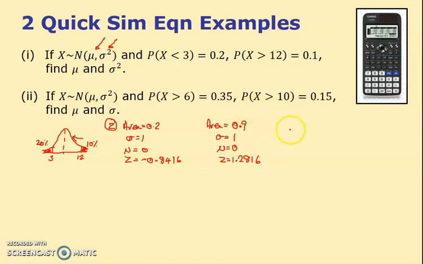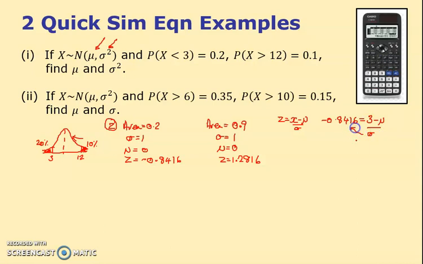So Z equals 1.2816. Now look, for both of these I have to use my equation. So I write Z equals x minus mu over sigma. Now for the first one, that gives me minus 0.8416 equals x was 3 minus mu over sigma.